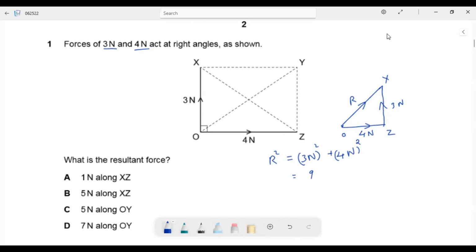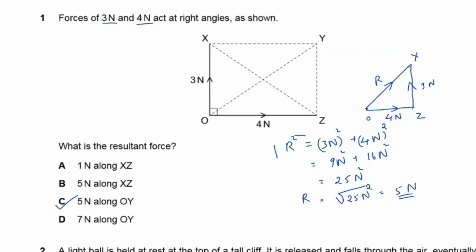That's equal to 9 Newton squared plus 16 Newton squared. So it is 9 plus 16, that is 25 Newton squared. So R will be equal to the square root of 25 Newton, that is equal to 5 Newton.